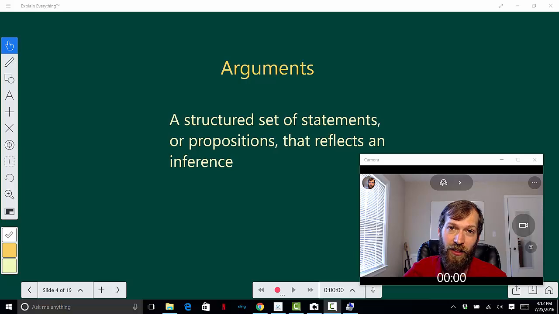That's not what we're going to analyze. That's not what we're worried about. The kind of argument that we're worried about is a structured set of statements or propositions that reflects an inference. So we're worried about the kinds of arguments that we offer each other when we're trying to convince one another of a position.